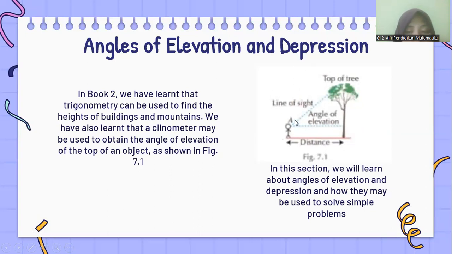Look at the following picture of the height of a building and mountain. In this section, we will learn about angle of elevation and depression and how they might be used to solve simple problems.